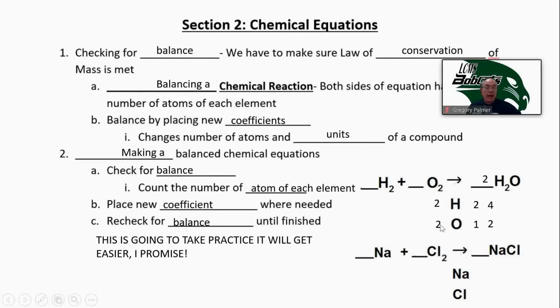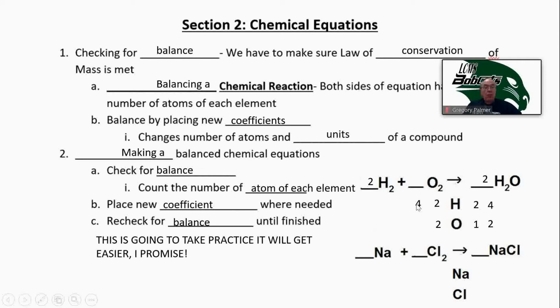Okay, so we fix the oxygen. The oxygen is balanced. We have 2 on the reactant side and 2 on the product side, but when we fix the oxygen, we broke the hydrogen. And now we have 2 hydrogens on the reactant side and 4 on the product side. So we're going to put a 2 coefficient here, and when we do that, we're going to make 2 H2s. So 2 times 2 is 4 hydrogens.